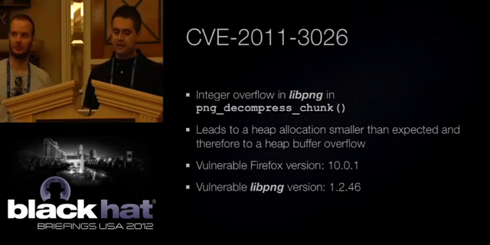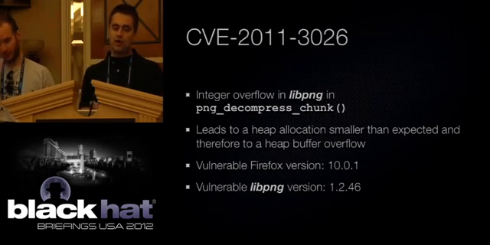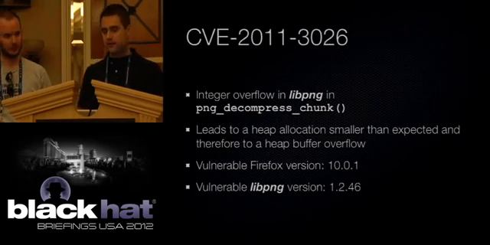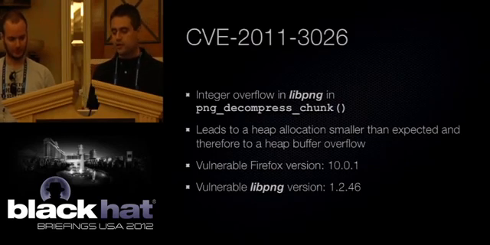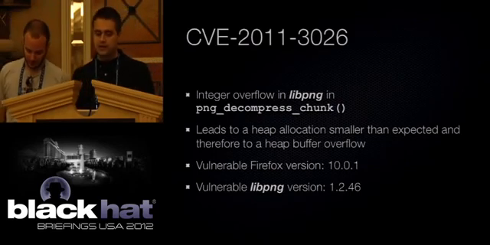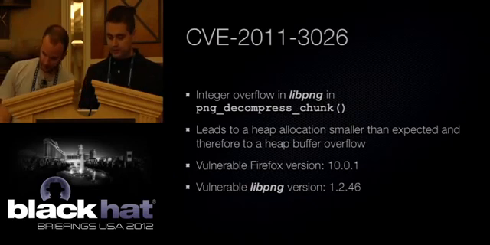There is a bug in there that I will explain in a second that leads to a heap allocation that is actually smaller than the one expected, and that subsequently has a memcpy that does a heap buffer overflow. Now the vulnerable Firefox version is 10.0.1, which contains the vulnerable libpng version 1.2.46.